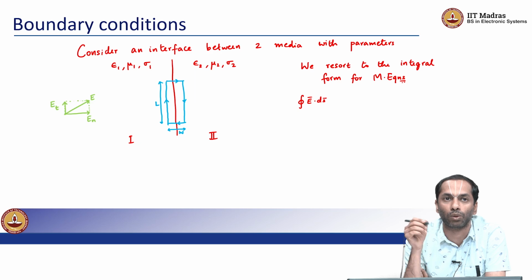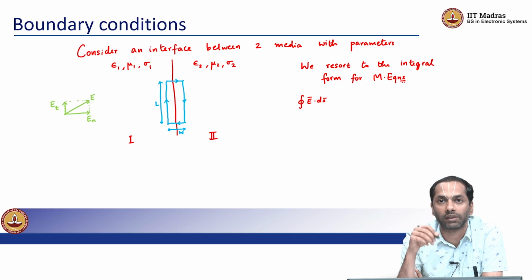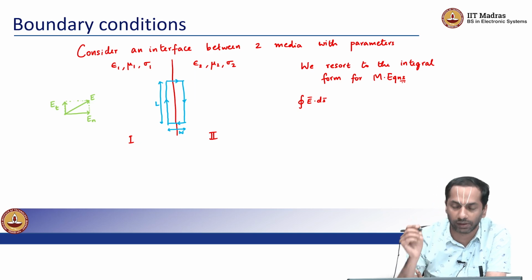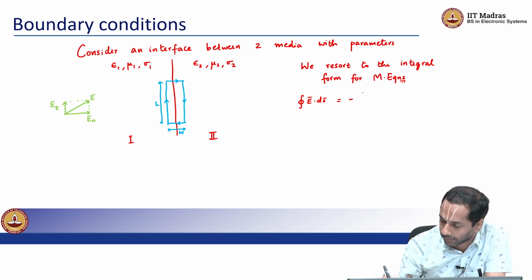So this blue contour that we have is a closed loop, and it also encompasses a rectangular surface. So this is equal to minus the surface integral of dou B by dou t dot dA.